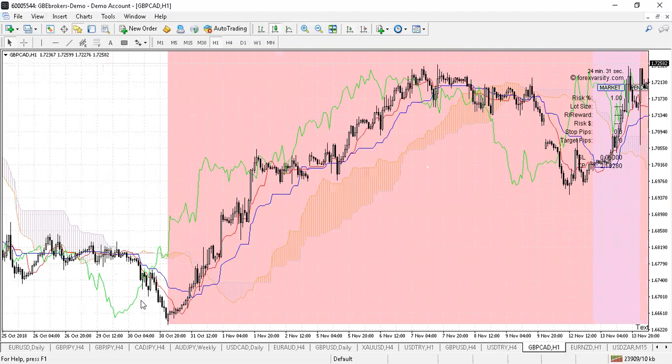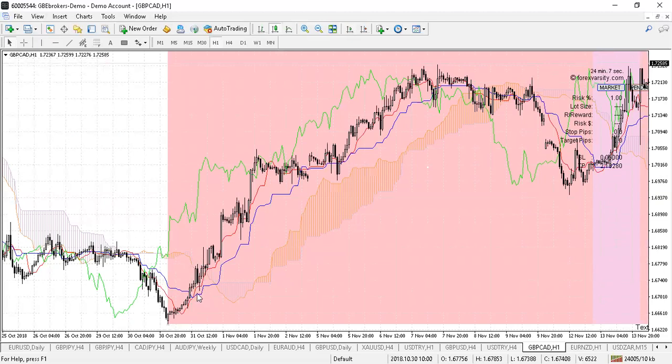Just to give you a little bit of a recap: first of all, you've got these red and blue lines. For a bullish signal, you want the red line to be above the blue line, and for a bearish signal, you want the red line to be below the blue line. That's the first thing that you would look at.